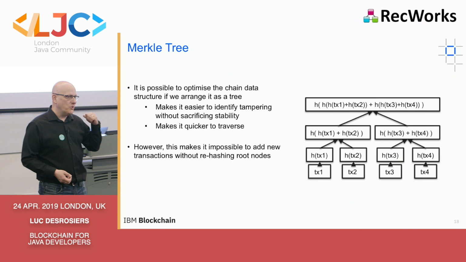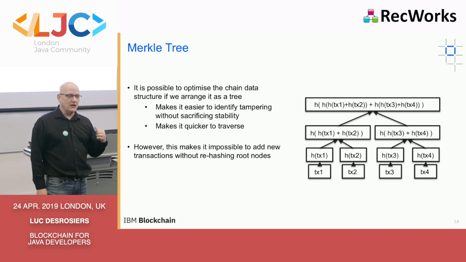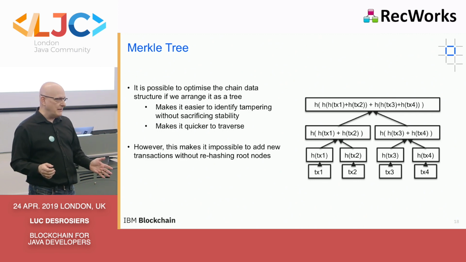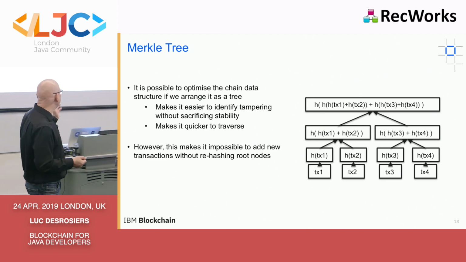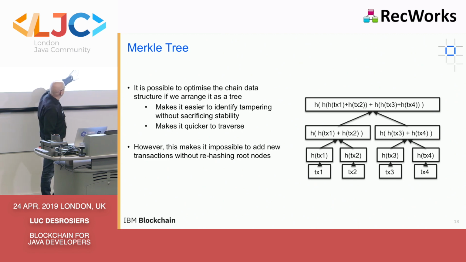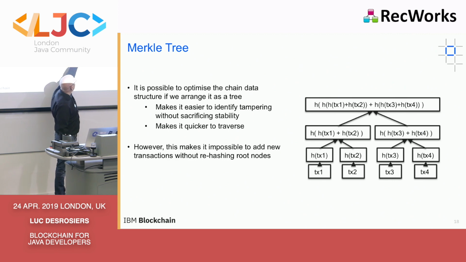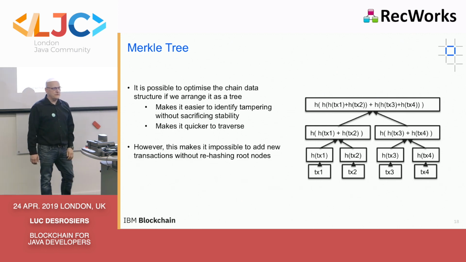So essentially, the concept of Merkle tree is something that we apply in blockchain from 2 perspectives. A, as I'm going to show you, it's a great way to quickly identify within a block which transaction has been tampered with. But it's also a great way to mask information. The concept of Merkle tree is that I'm going to take my transaction data and hash it for every transaction, and then I'm going to hash the hash of transaction 1 and transaction 2, same thing with transaction 3 and 4, and essentially I'm going to hash up to the root of the whole tree.